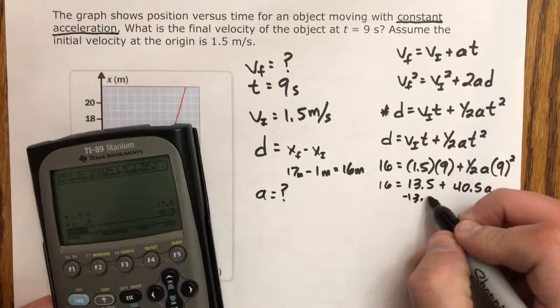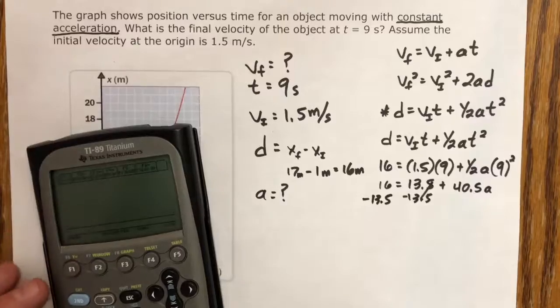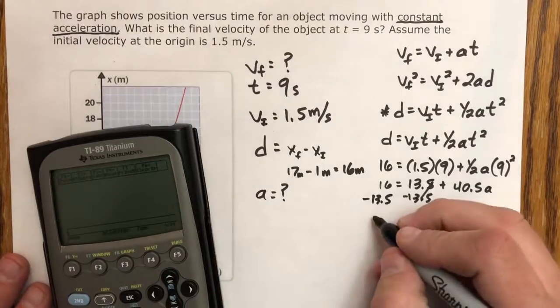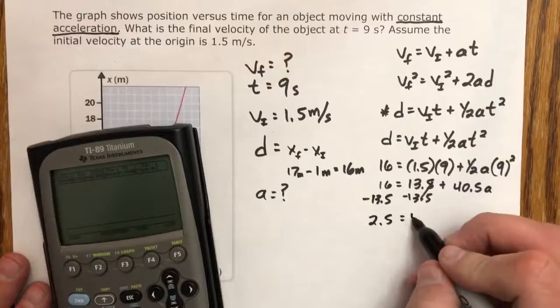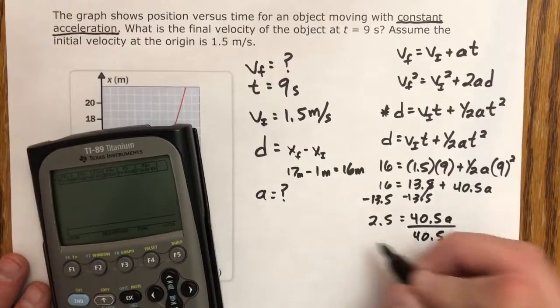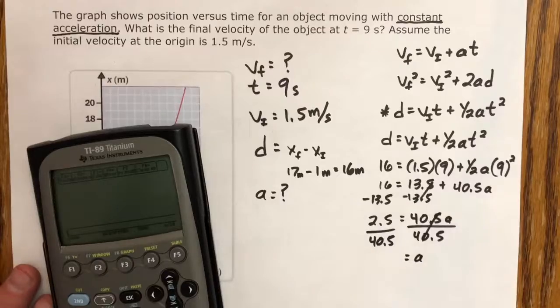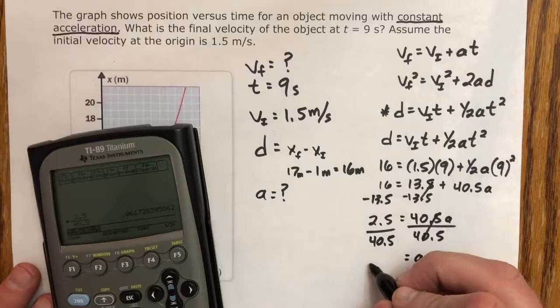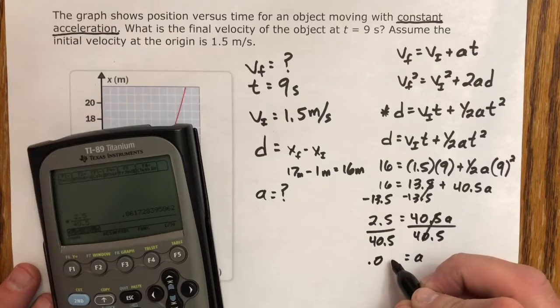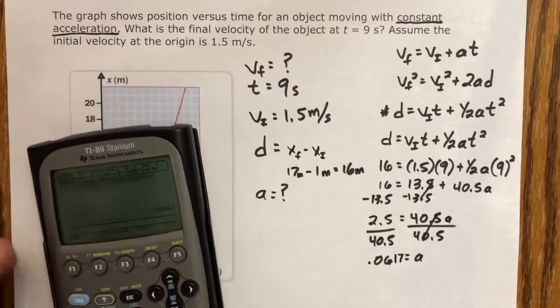So I'm going to subtract 13.5 from both sides, 16 minus 13.5 gives me 2.5. That equals 40.5A. So now I'm going to divide by 40.5 on both sides. So my acceleration equals 2.5 divided by 40.5 equals 0.0617. So 0.0617 is what we get for our acceleration.